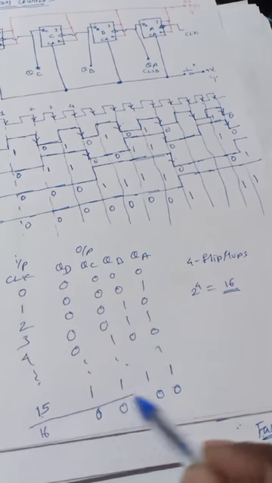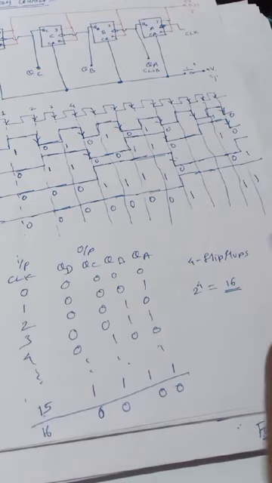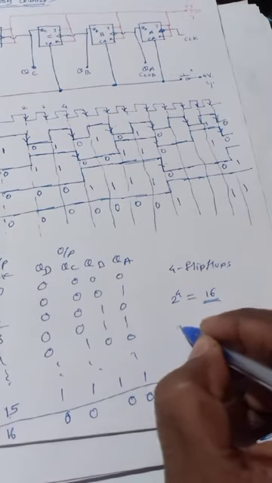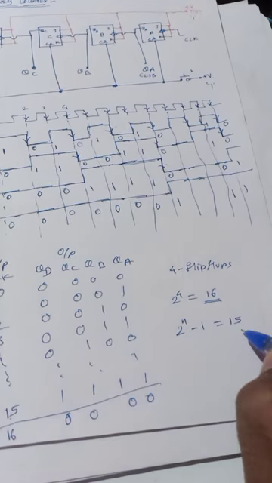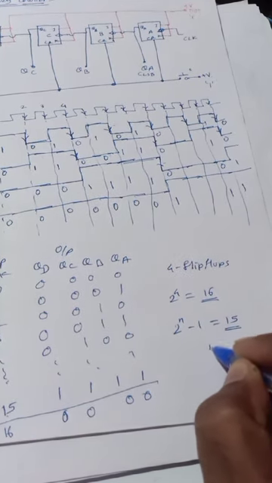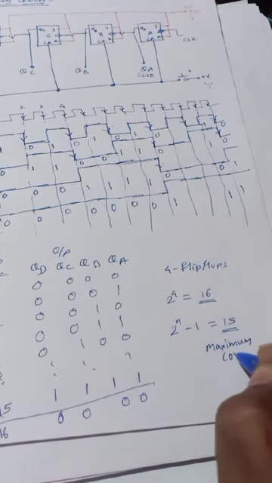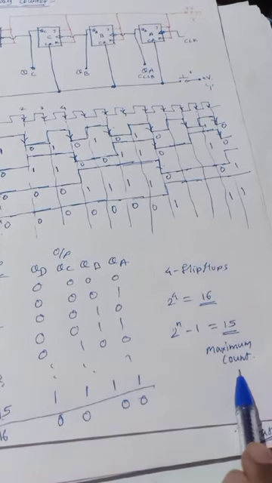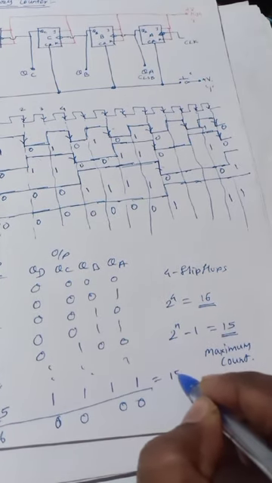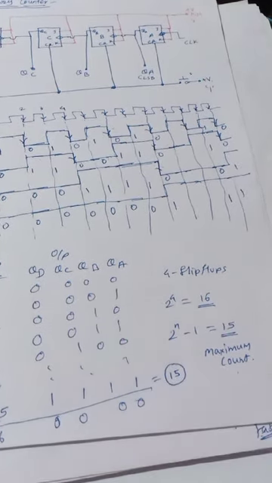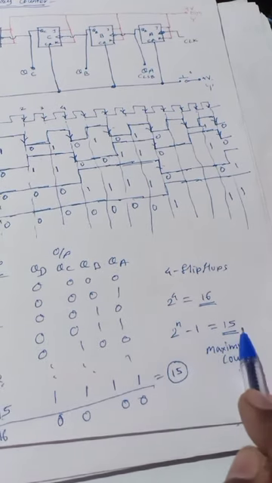According to the equation, 2 raised to n minus 1 is equal to 15. This is the maximum count, that is 1, 1, 1, 1, which is equivalent to 15. Maximum count is 2 raised to n minus 1.